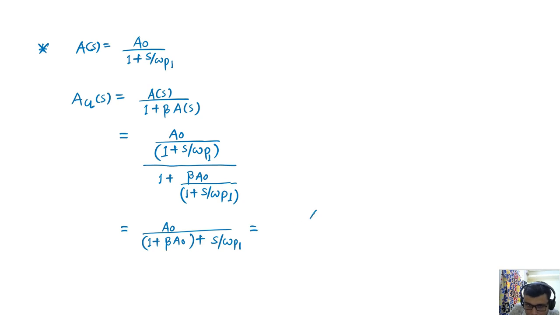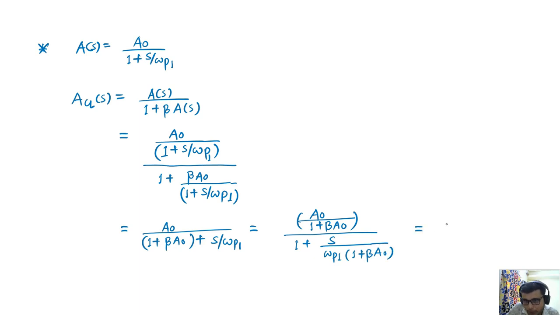It can be written as A naught upon 1 plus beta A naught, divided by 1 plus s upon omega p1 times 1 plus beta A naught. Okay, so it can be written as A naught dash divided by 1 plus s upon omega p1 dash. So what are this A naught dash and omega p1 dash?